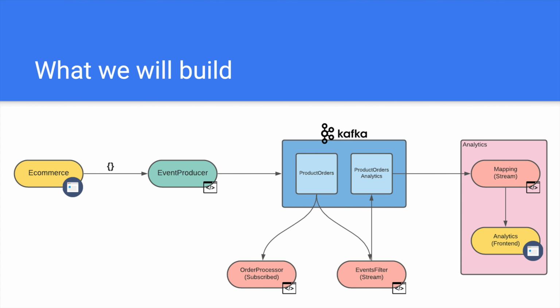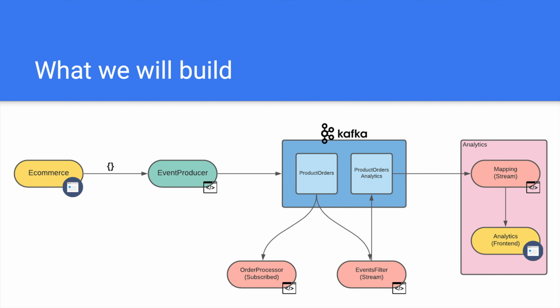Now, we aren't actually going to build a front end UI of the shop, but we will just open up a RESTful endpoint to submit a JSON request of the product order to the producer app. The producer app will then treat that request as a product order event and write this event to the product orders topic, which we will create later in Apache Kafka.